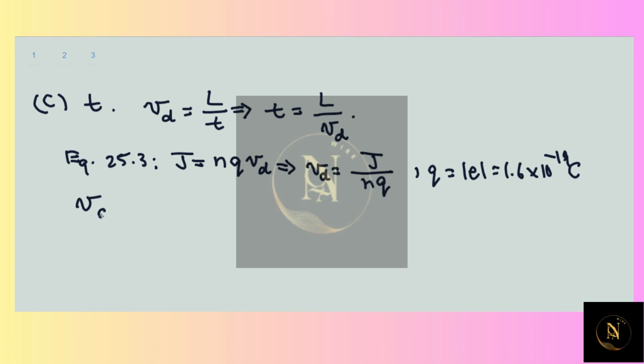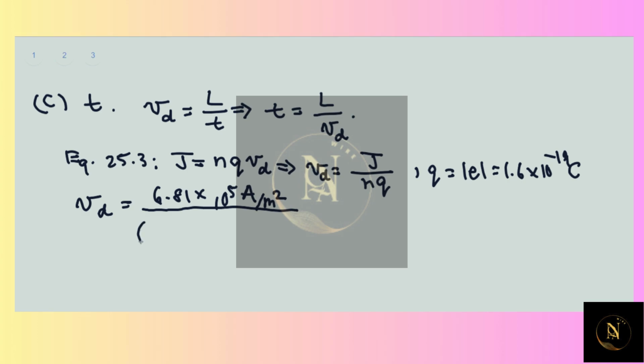So the drift velocity then is 6.81 times 10 to the 5th amperes per meter squared, right? That's the current density that we found.